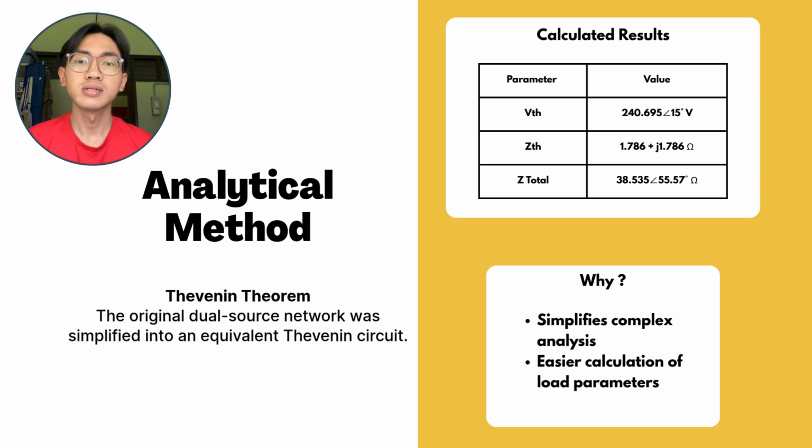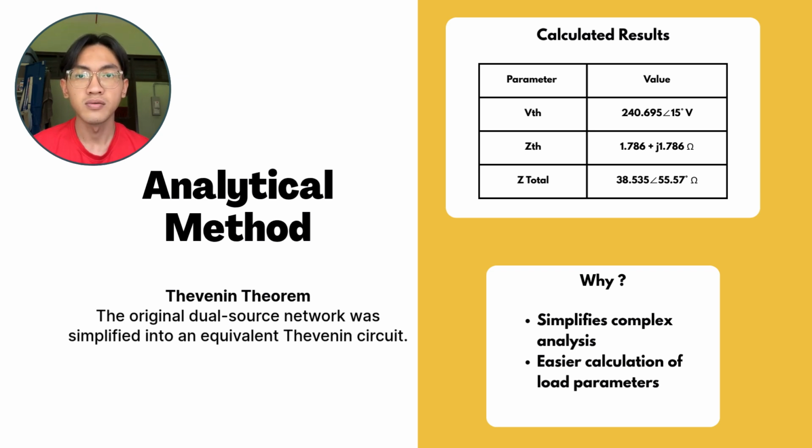Okay, now let's look at the analytical method we use. We choose Thevenin's theorem to make our circuit analysis simpler. The original circuit has two power sources, which makes it very complex to calculate directly. By using Thevenin's theorem, we change it into a simpler Thevenin equivalent circuit.